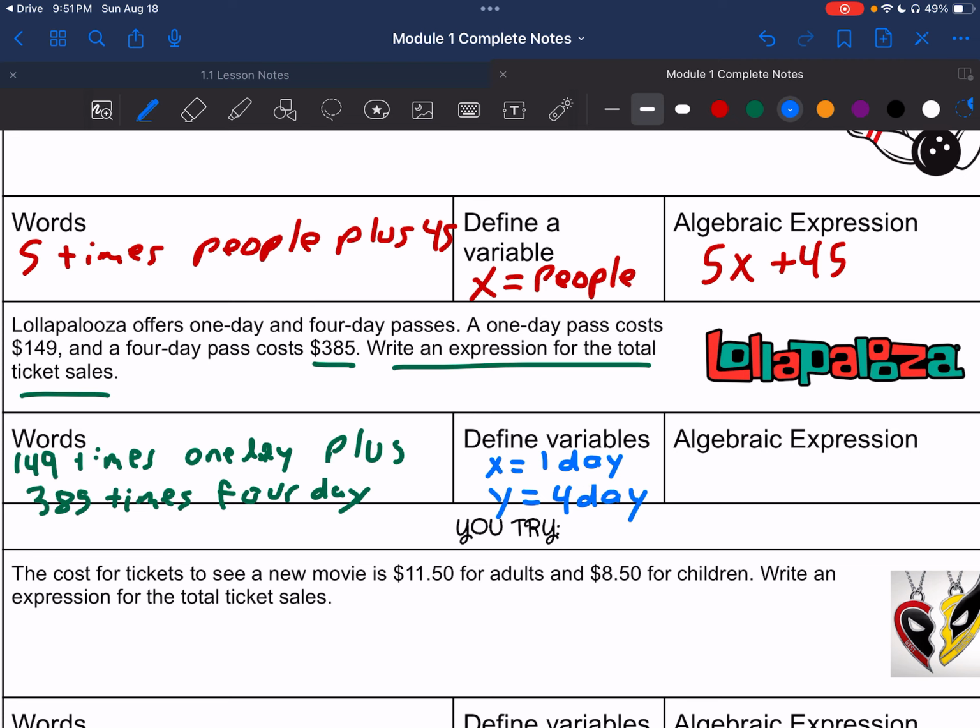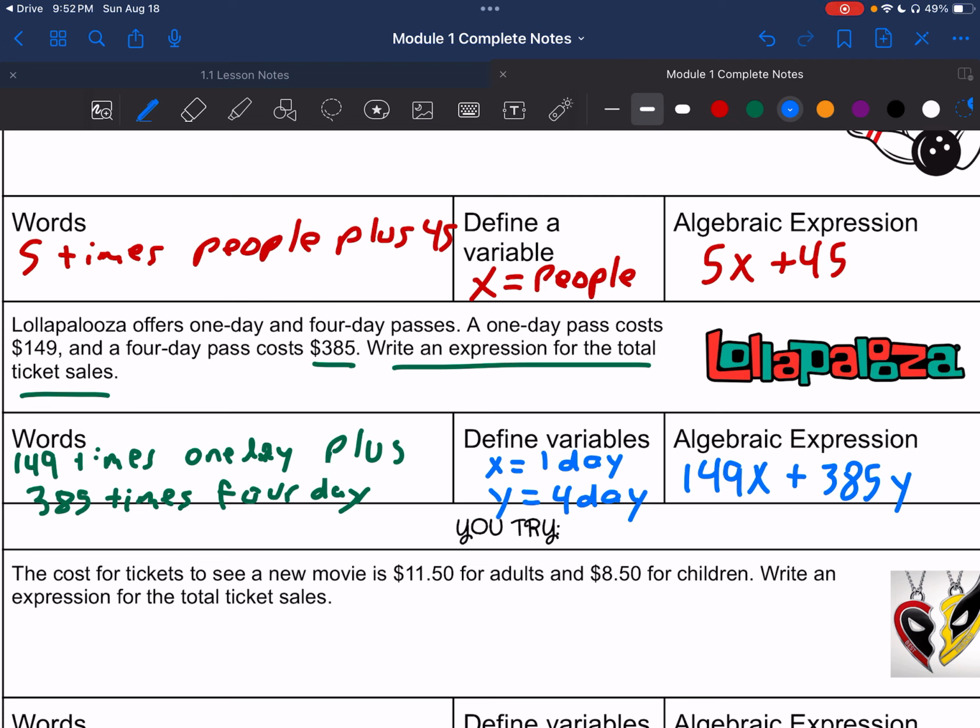So if we write this as an algebraic expression, we have 149 times x, $149 per day times the number of one-day passes, plus 385 times the number of four-day passes sold, which is y.